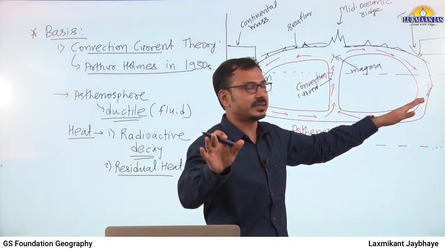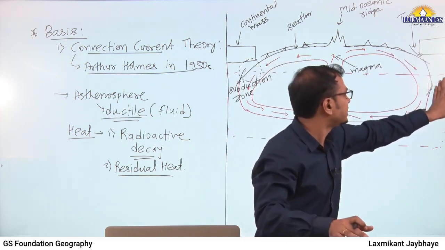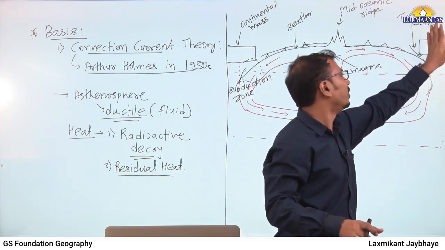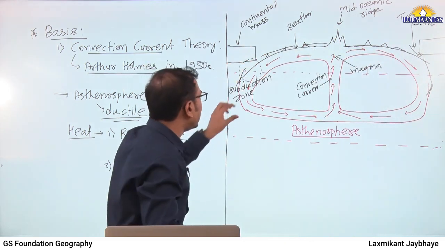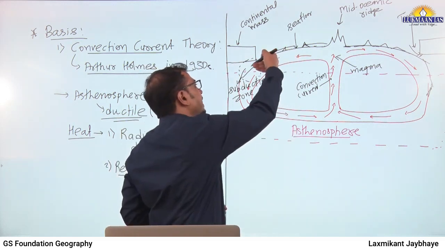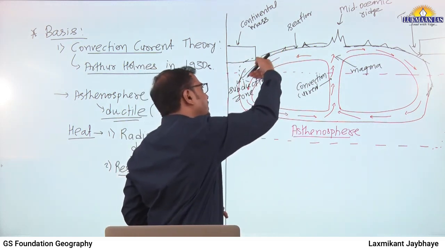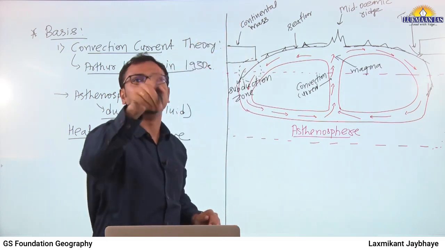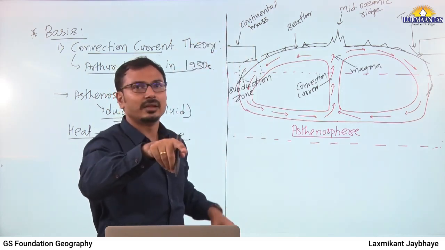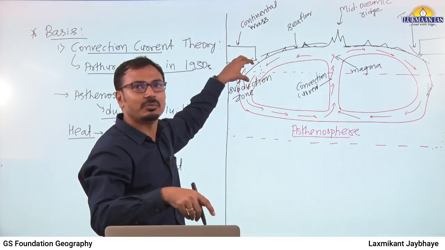So now it is clear that oceanic crust is getting subducted under the continental crust, and as this crust enters into the depth, the temperature is increasing. Earlier it was in solid form.